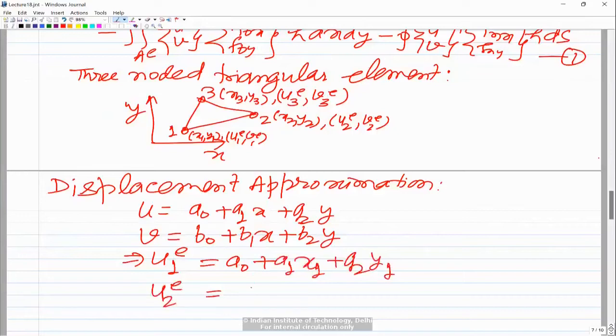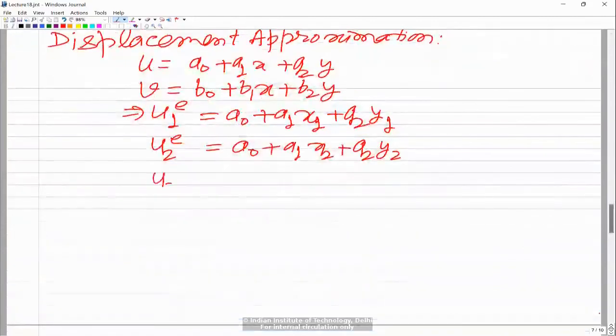Here x1, y1, x2, y2, x3, y3 would be known because we will know the geometry. So the coordinates of nodes we will know, but the displacements are unknowns unless we solve for them. Similarly, u2 is a0 plus a1x2 plus a2y2, and u3 is equal to a0 plus a1x3 plus a2y3.